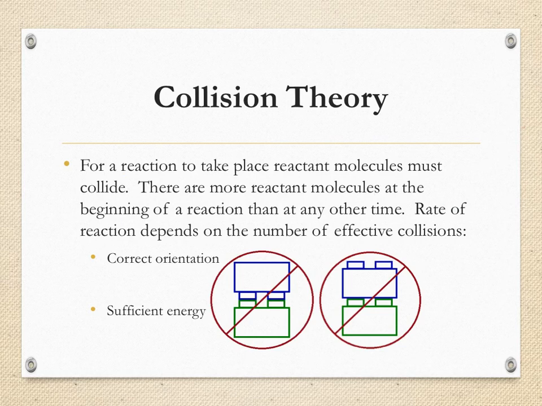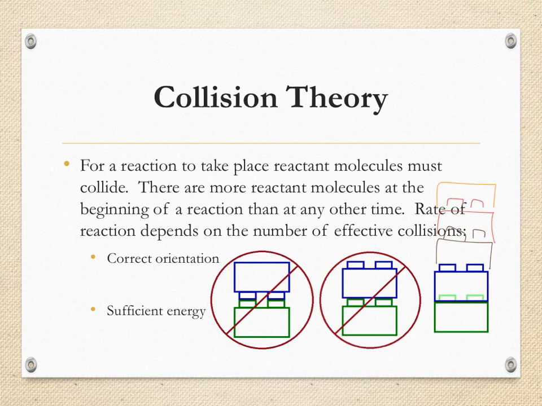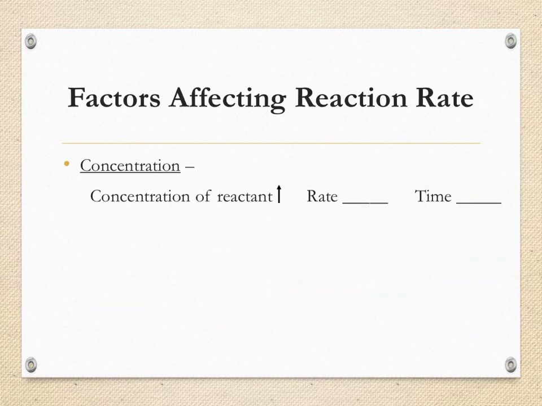So in order to have an effective collision, in order for your reactants to make products or your Legos to make a tower, you have to have them facing the right direction and give them sufficient energy so that they look like this. Ta-da! A Lego tower. And then I can keep building Lego on top of Lego on top of Lego. And I'm going to build a tall, tall, tall tower of Legos.